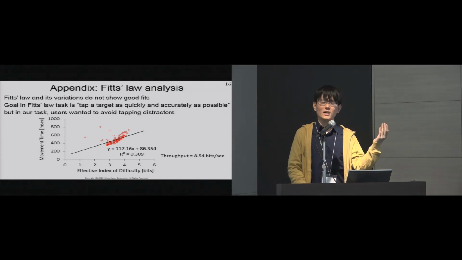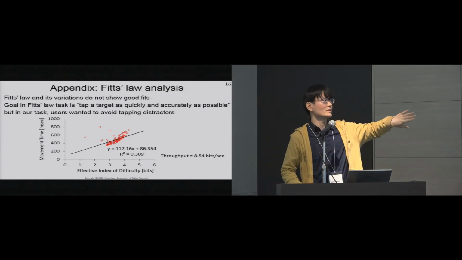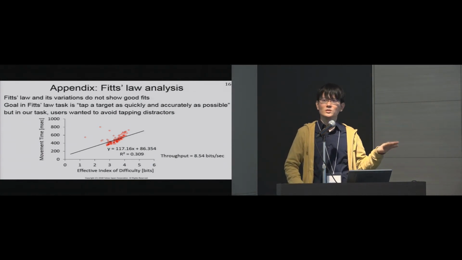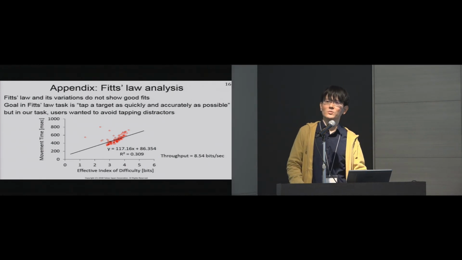So the effective width was so high and the ID is quite low. So the Fitts law showed a poor fit. But currently I have no idea to refine the model of the gap conditions. Okay, thank you.